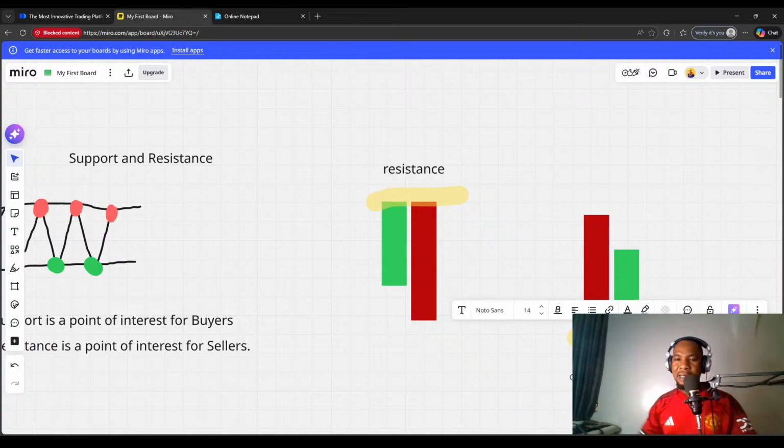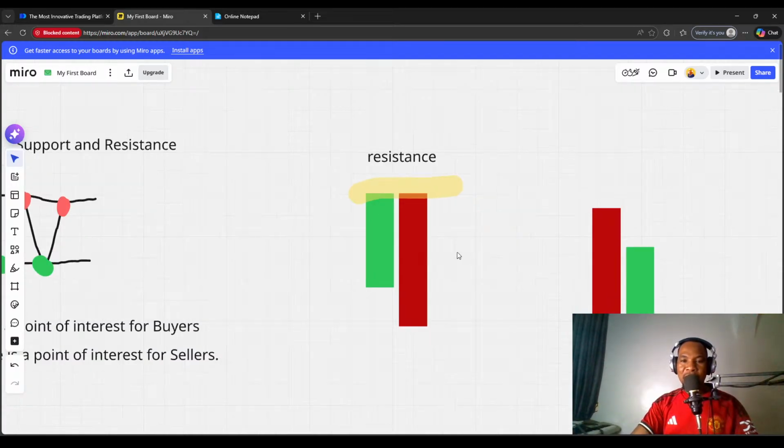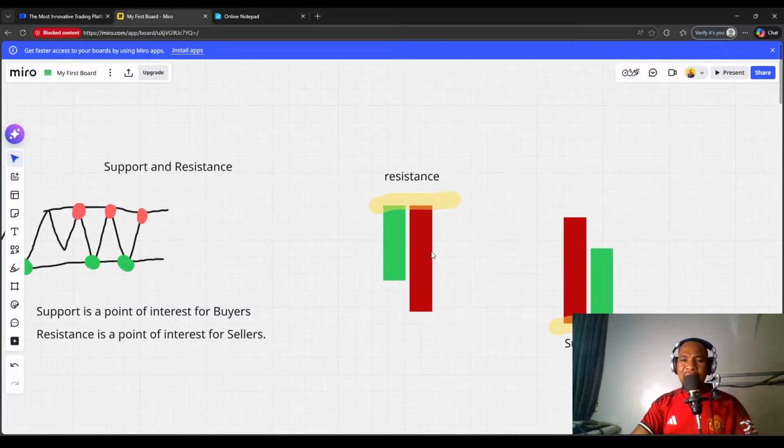And why are support and resistance so important? I'm just going to go straight to the point.